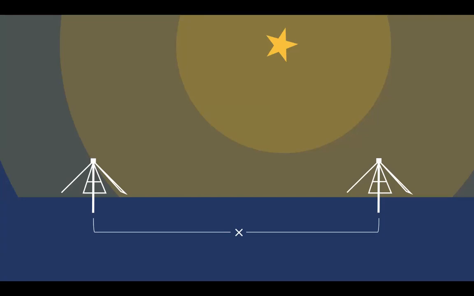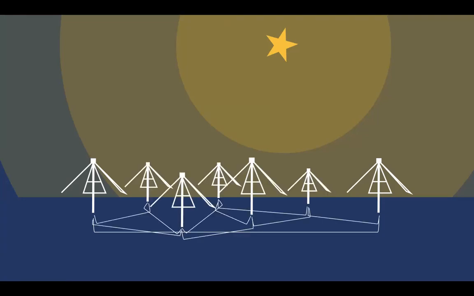And this produces our basic unit of data called a visibility. We then have many, many antennas, and we do this with each pair of antennas. So one antenna with every other antenna. So this produces many, many visibilities. And then we do signal processing of all these visibilities to get a pretty good reconstruction of what was going on in the sky.